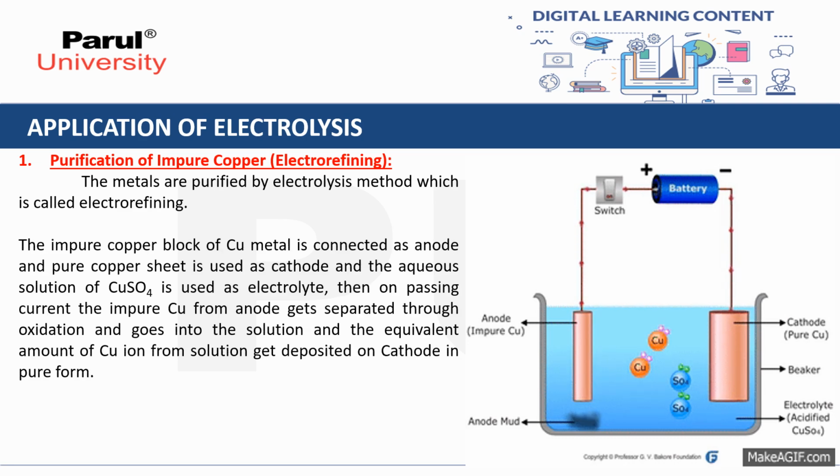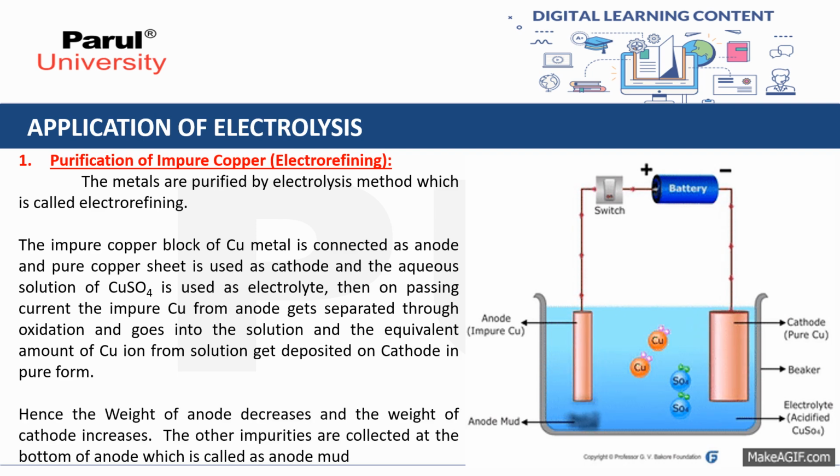The impure block of copper metal is connected as anode and a pure copper sheet is used as cathode, and an aqueous solution of copper sulfate is used as electrolyte. Then on passing the current, the impure copper from the anode gets separated through oxidation and goes into the solution, and an equivalent amount of copper ion from the solution gets deposited on the cathode in pure form.